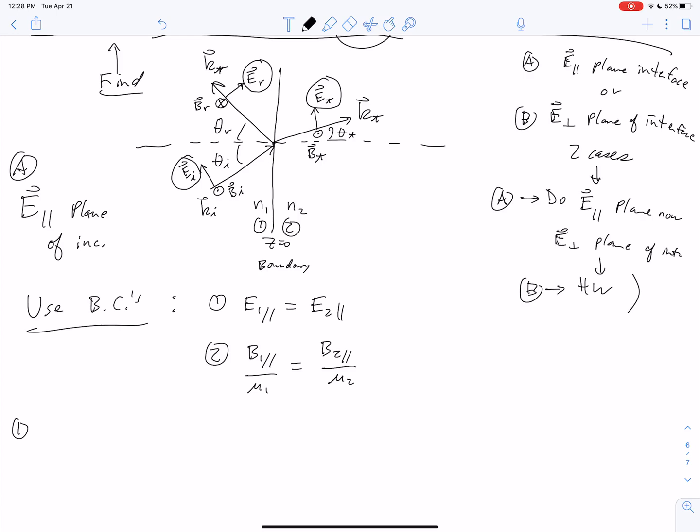And when we do trigonometry here, if you draw these little lines here, you can see pretty easily that the angles inside these little lines, those are the incident angle, the reflected angle, and the transmitted angle. I don't have space to draw it all, but it's the same angle, and you can see that from geometry pretty easily.